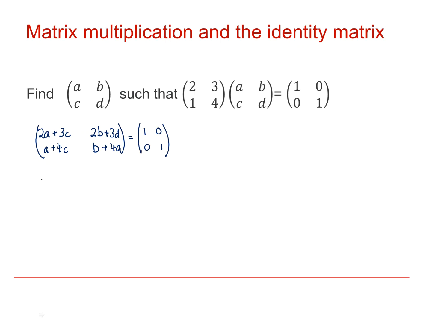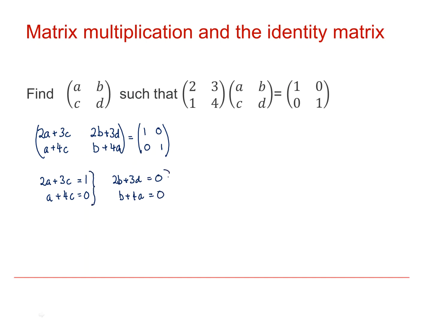From this, we can get some simultaneous equations. We know that 2a plus 3c must be equal to 1, a plus 4c must be equal to 0, 2b plus 3d must be equal to 0, and b plus 4d must be equal to 1.